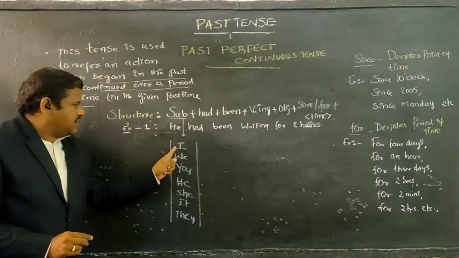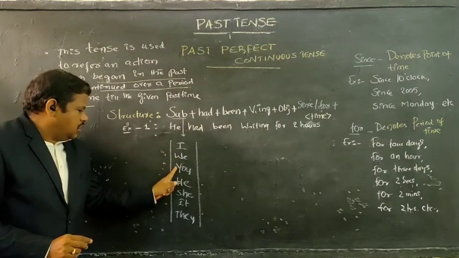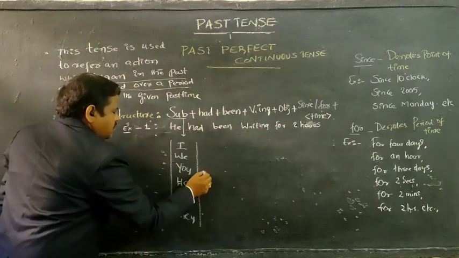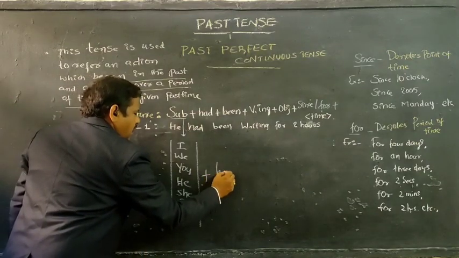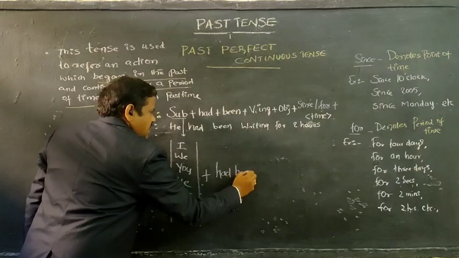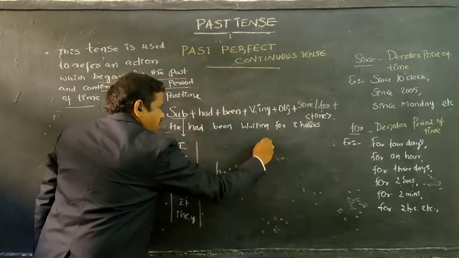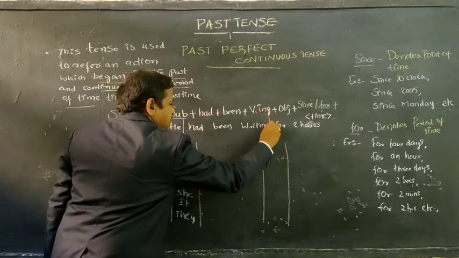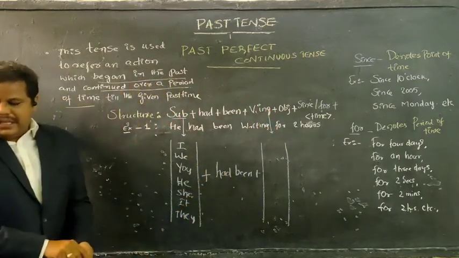Once again, the subjects we can use are I, we, you, he, she, it, they. Followed by that, we should use had been, plus V1 ing forms. I just explained the verb 1 forms; there are so many.